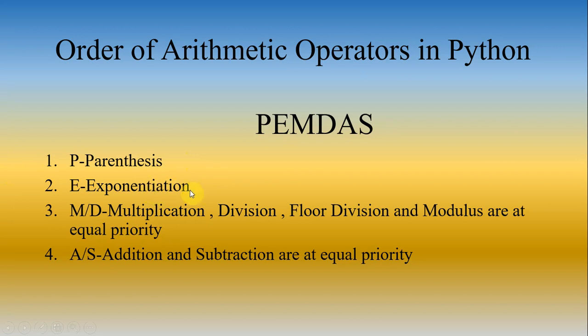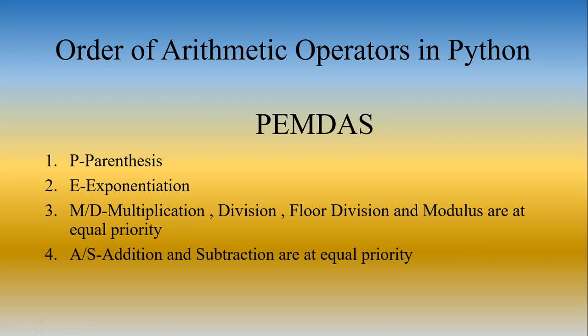If any expression contains an exponent operator, then that must be evaluated after the parenthesis. The third in the priority is the multiplication, division, floor division and modulus. These all are at the same priority.